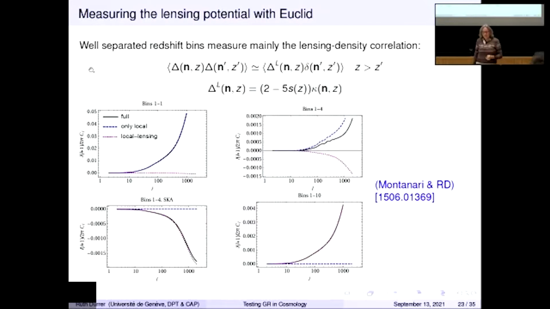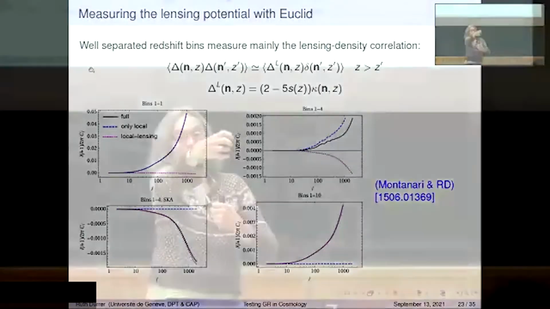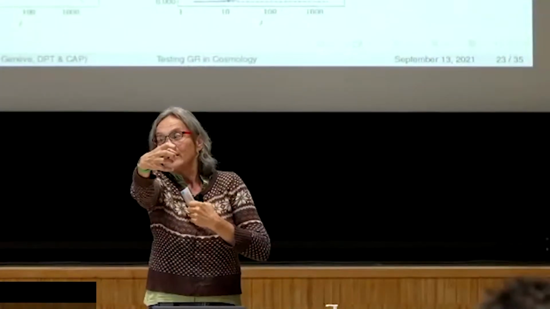So if we now want to compare some calculation with an experiment, we always have to add the error bars. Here, I just show you some results, how we can measure this lensing potential, for example, with the Euclid satellite. If we correlate a bin with itself, it is totally dominated by the density. But if we correlate a foreground bin with a background bin, the densities so far away are very, very weakly correlated.